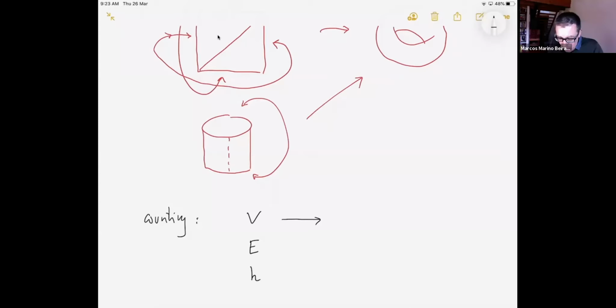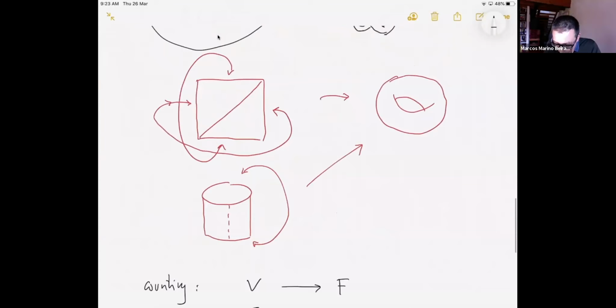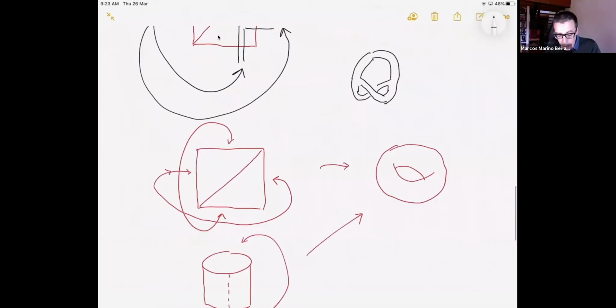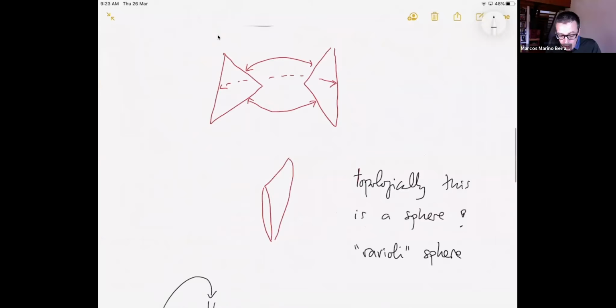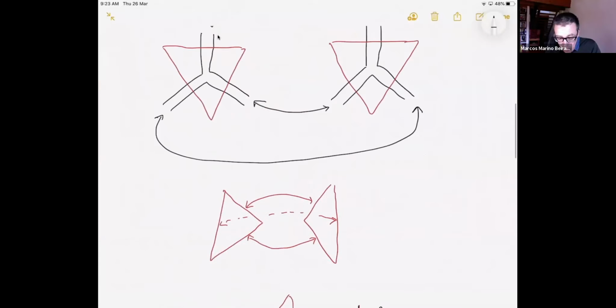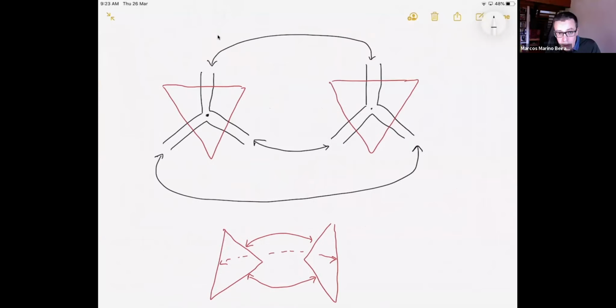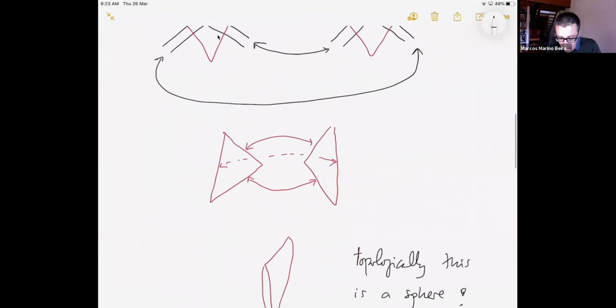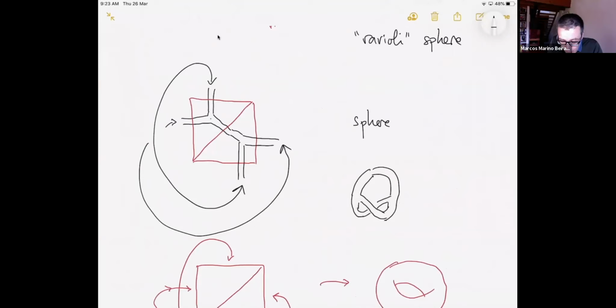So the number of vertices corresponds now to the number of faces of the dual diagram. This is very easy to see because each vertex is your face in this diagram. For example, here we have two faces which correspond to the two vertices. So now faces correspond to vertices.